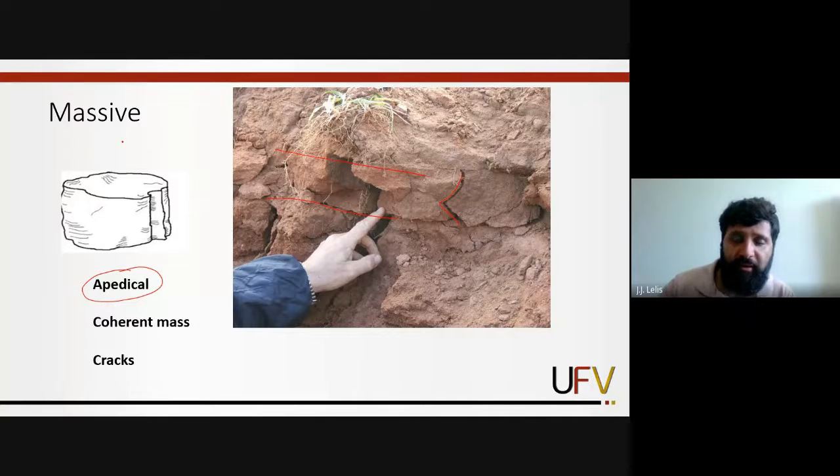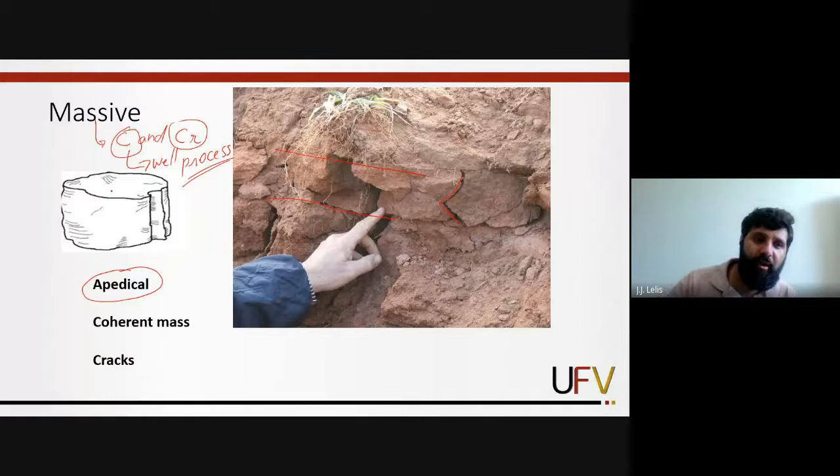This kind of structure is very common to see in C horizons and layers, because I don't see well-developed pedogenesis or process. Processes are not well developed in these horizons.